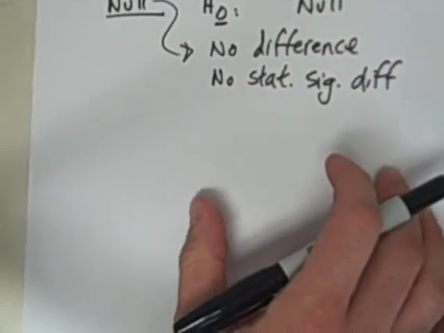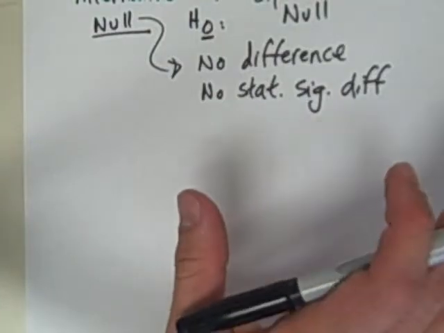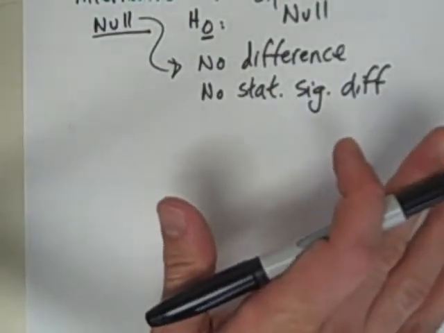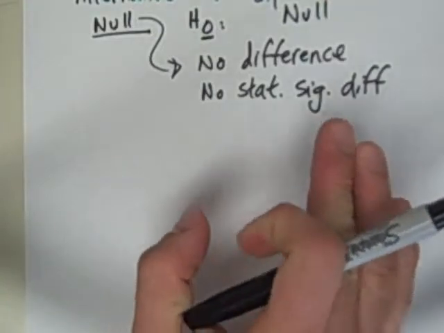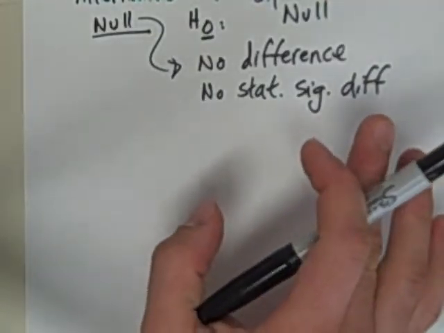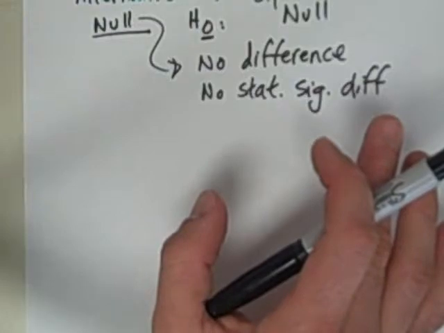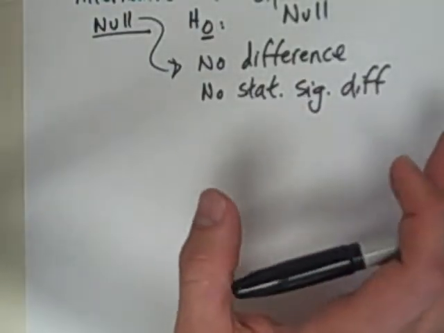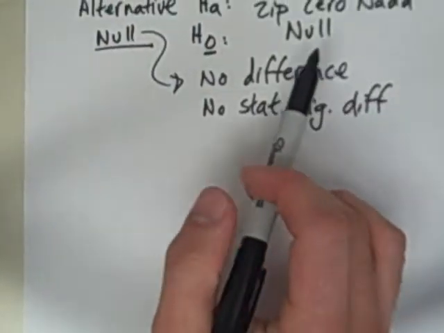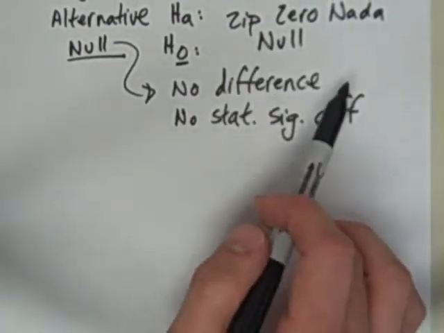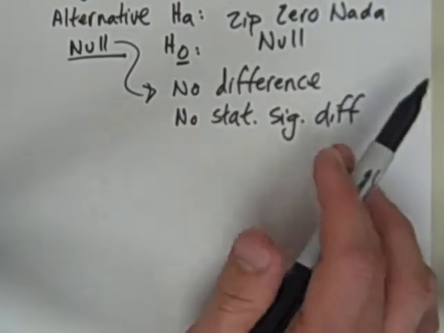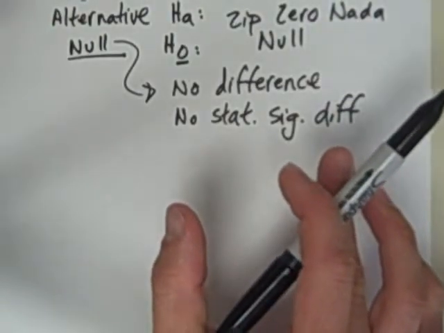So the null hypothesis is saying that there is no difference from one thing to the next. I might say that there's a difference in intelligence between people who drive Hondas and people who drive something else. My null hypothesis would say there is no difference in intelligence between people who drive Hondas and those who don't.